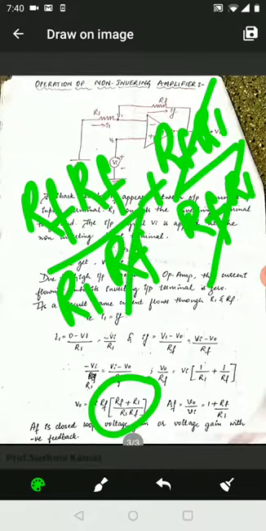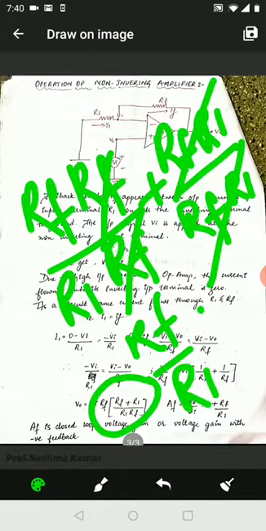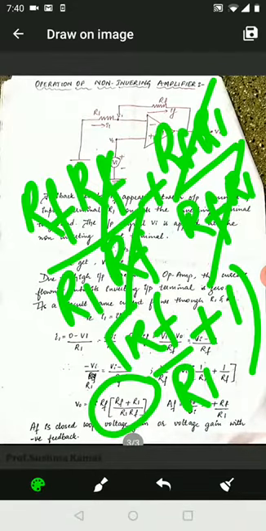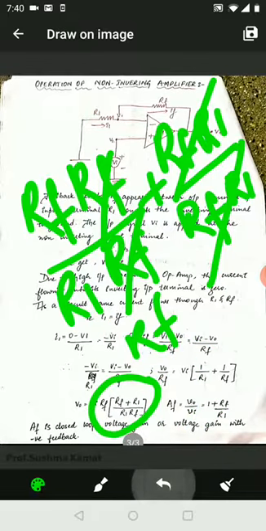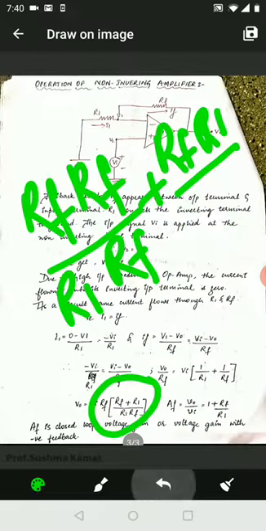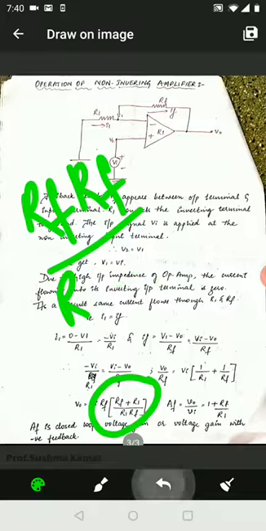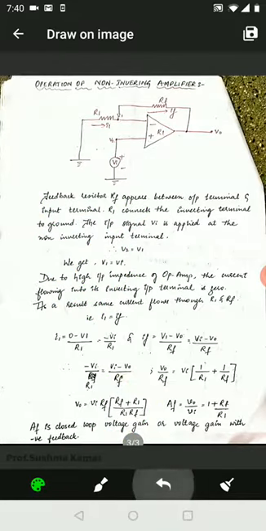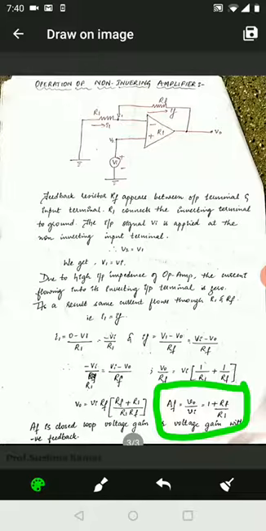Here one Rf and one Rf get cancelled. So it is Rf upon R1 plus 1, which is nothing but 1 plus Rf upon R1. So the gain of a non-inverting amplifier, AF, is equal to V0 upon Vi, which is equal to 1 plus Rf upon R1.